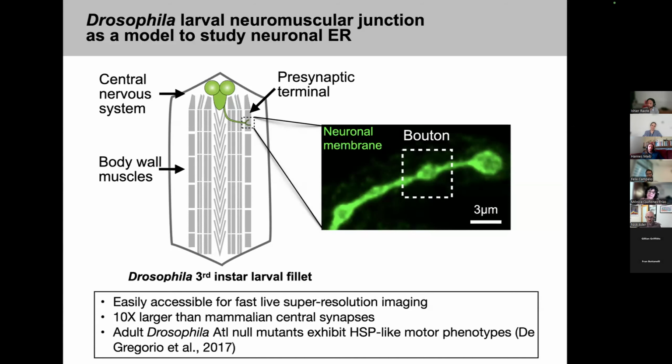And then finally, Drosophila Atlastin null mutants, specifically the adults, exhibit HSP-like motor phenotypes, such as difficulty crawling or emerging from their pupal cases, which makes this system ideal for potentially identifying phenotypes that could be linked to HSP, as I will tell you today.